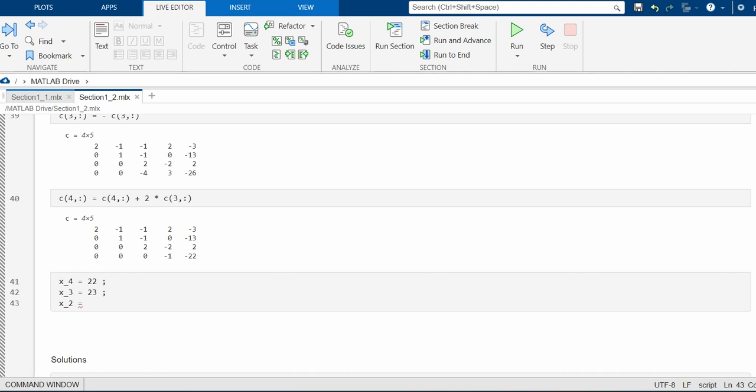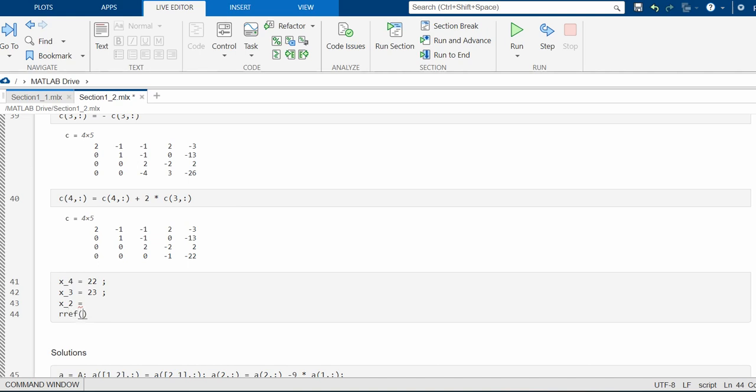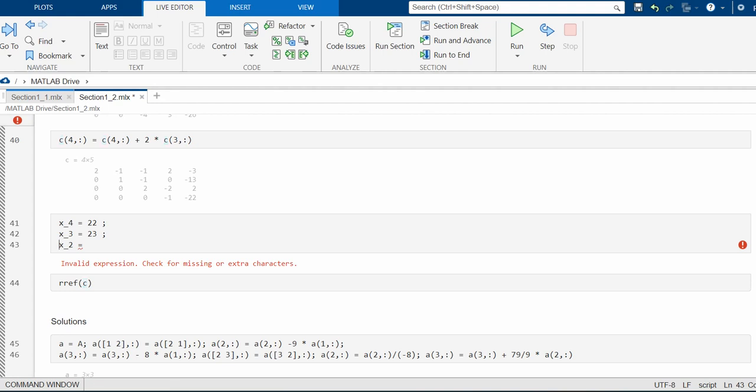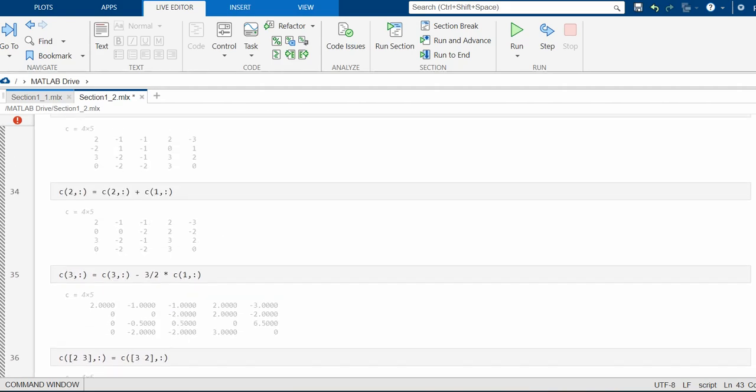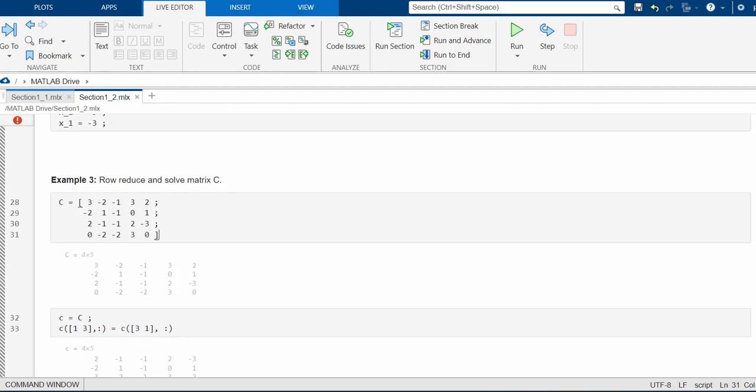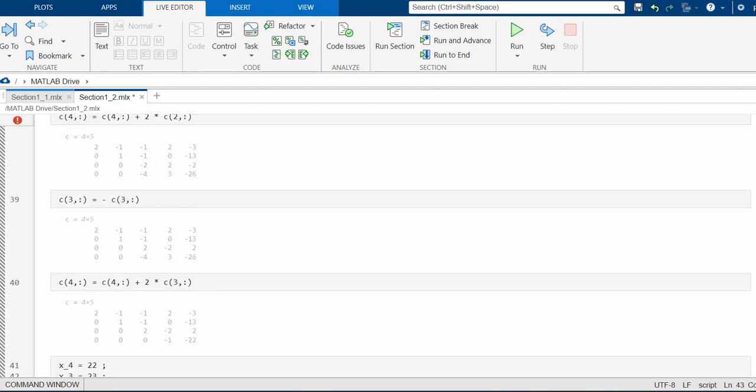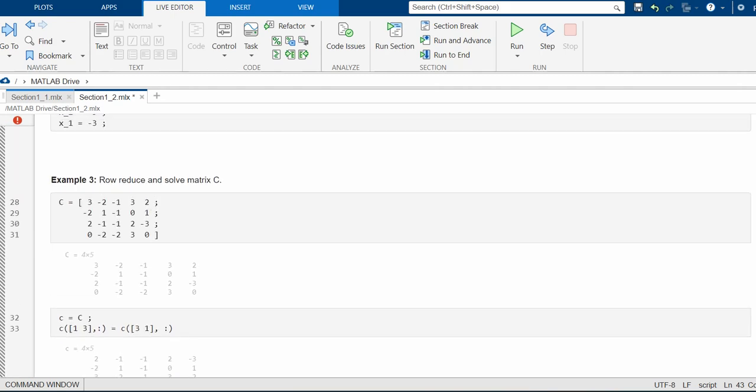And remember, we can check our work. How? Let me just say REF little c. Boom. I'm sorry, we want REF capital C, the original matrix. What the Sam Hill is going on?